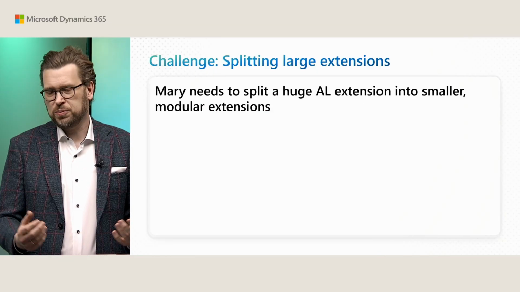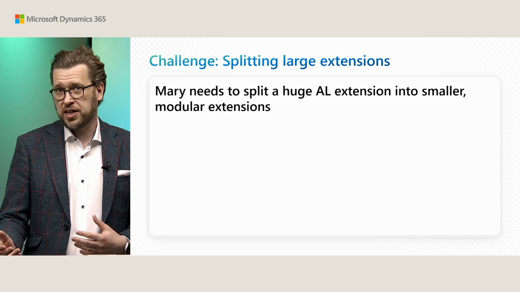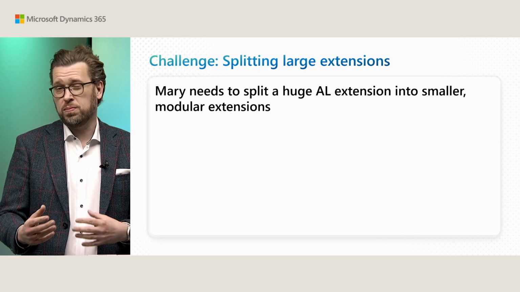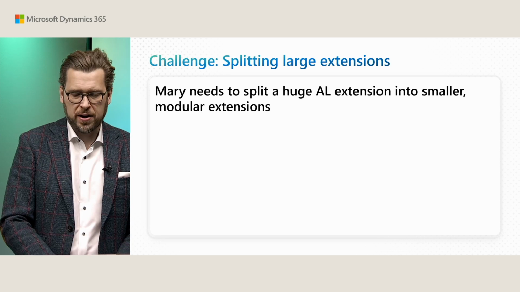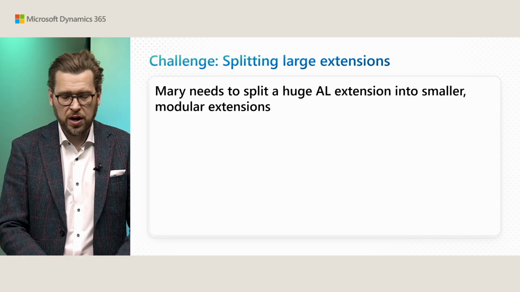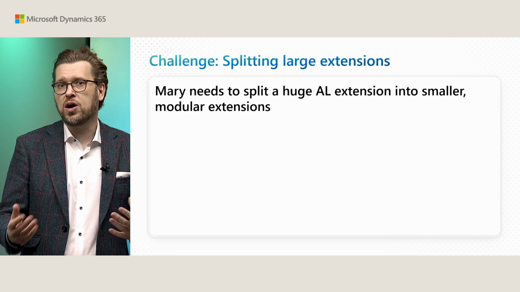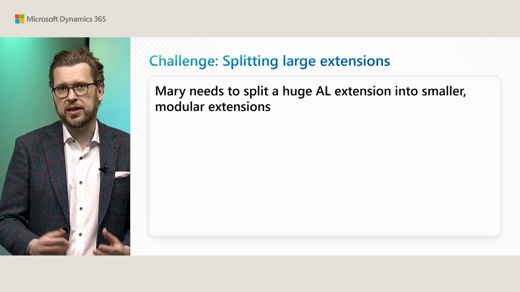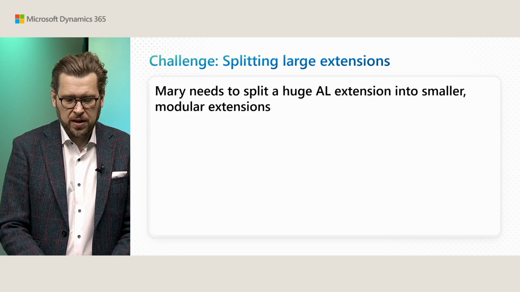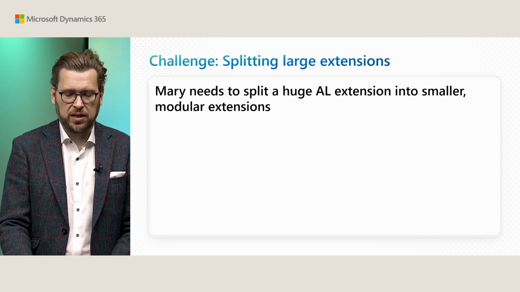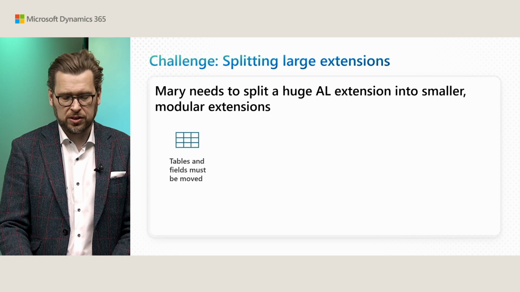So as extensions mature and the solution changes, or when coming with an old monolithic solution, a need to refactor and optimize for separation of concern, for breaking into modules, or for breaking into independent sellable SKUs arises. However, there's a challenge with splitting up extensions.